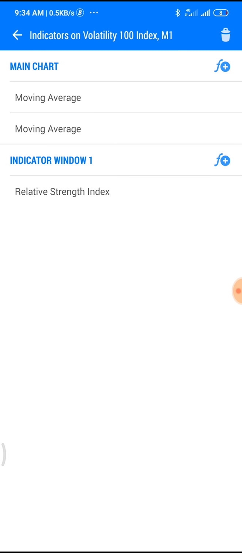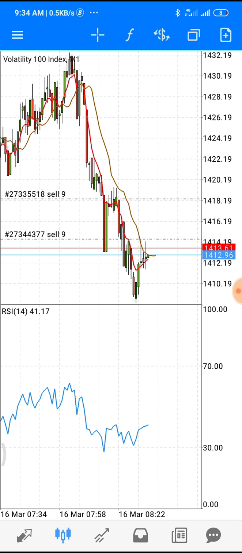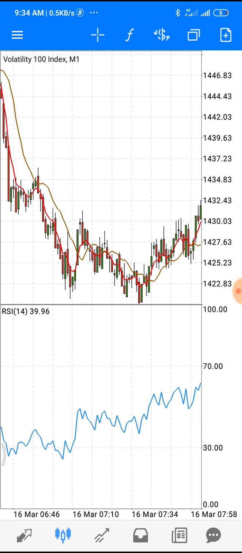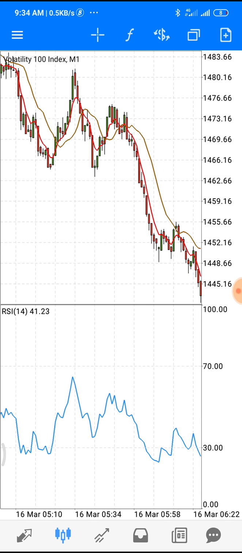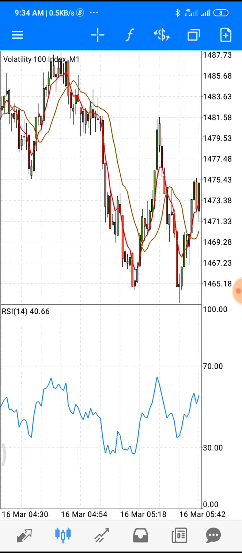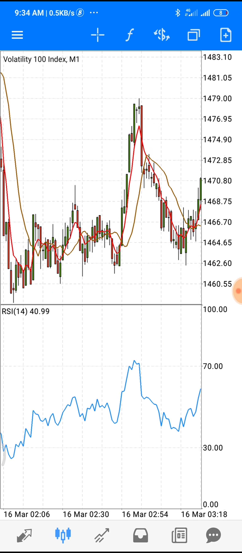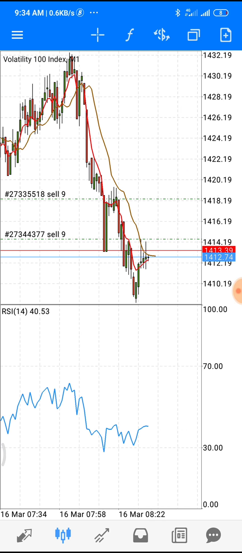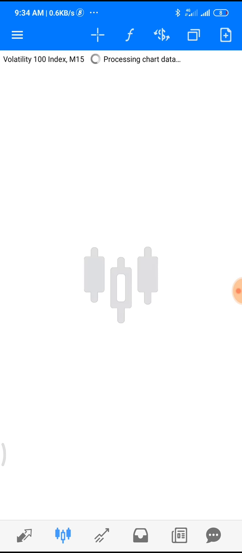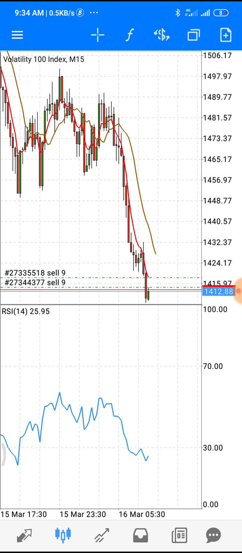So how do we use this moving average? Only one moving average. Number one, wait for the market to be on a strong trend, either an uptrend or a downtrend. For example, check the 15 minutes time frame and see what is happening there.